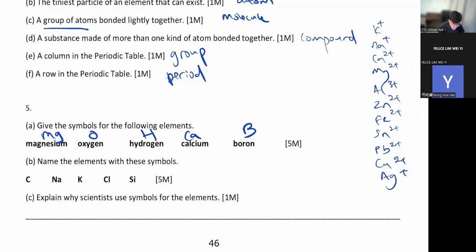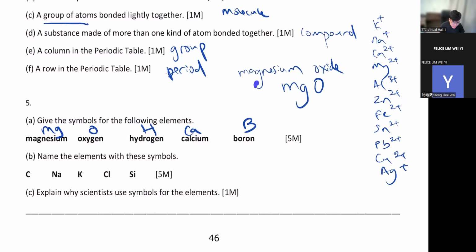So this year you might write magnesium oxide. Next year you will need to write MgO. You are not allowed to write this, you must write this. In chemistry, this is the chemical formula. This is its chemical name, and you must write the formula.